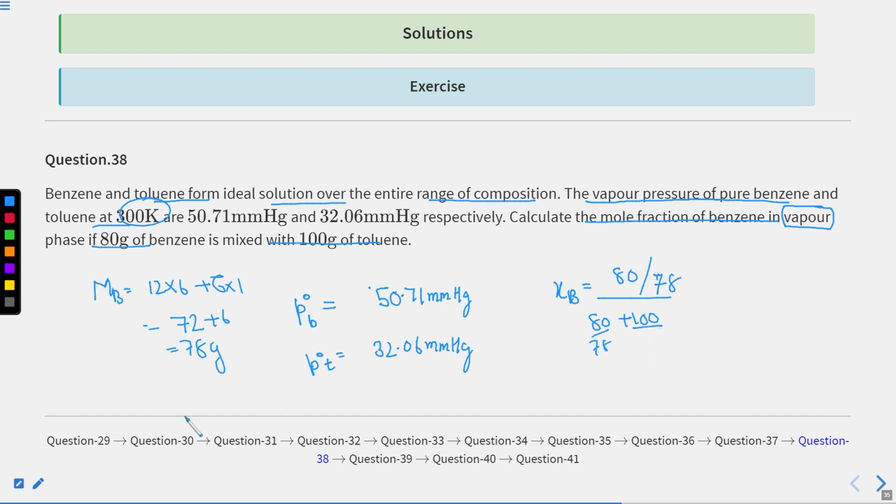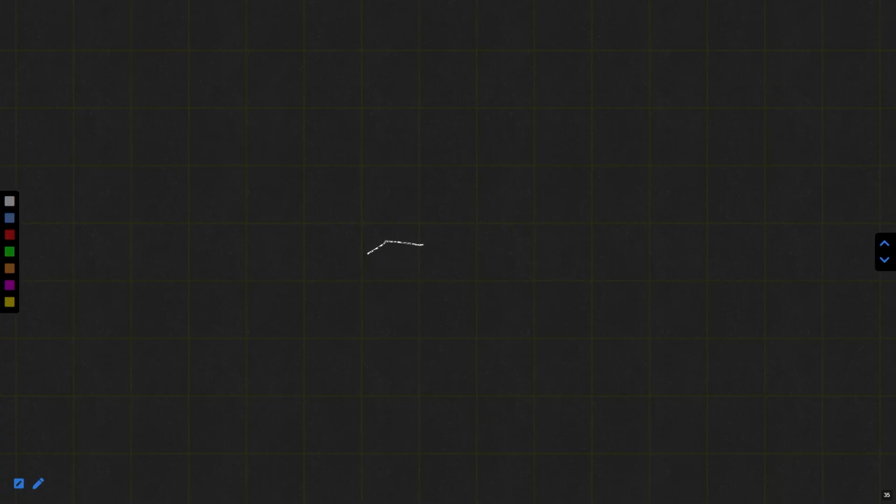And here it will be the mole fraction of toluene. So we have toluene, right? For toluene, 12 into 7 carbons plus 8 hydrogens. If you don't know, toluene looks like this.